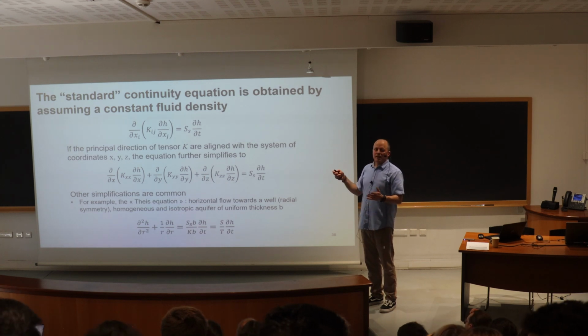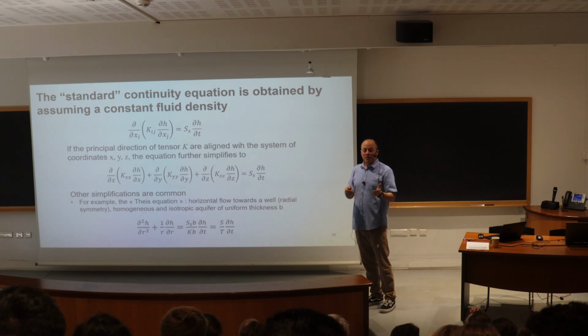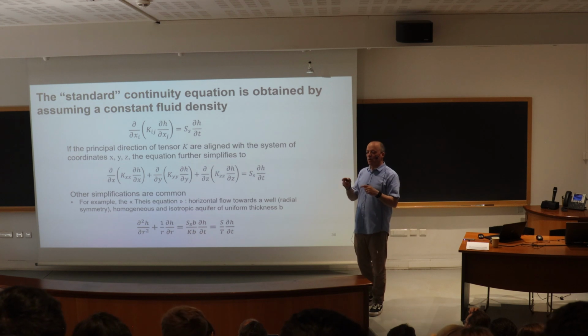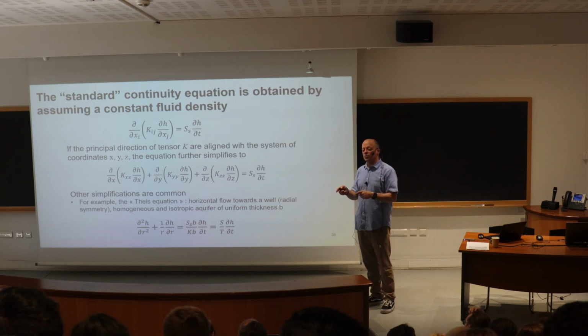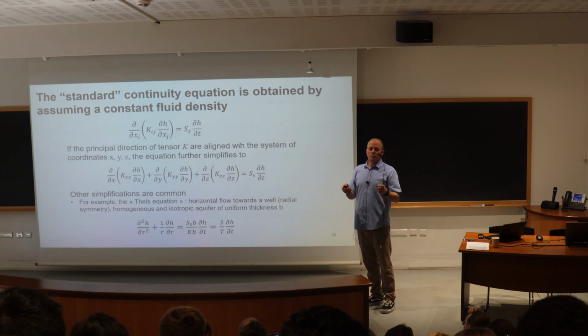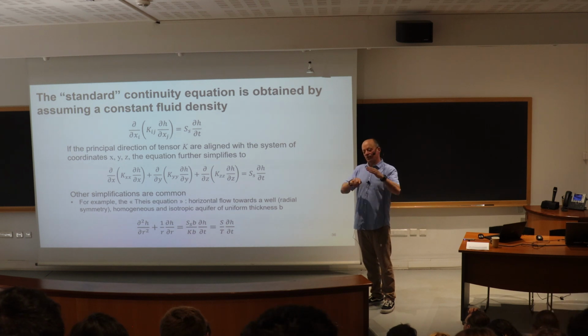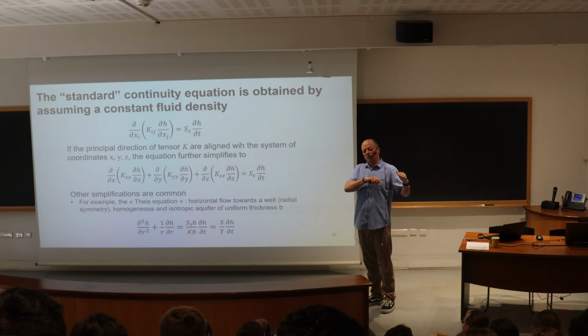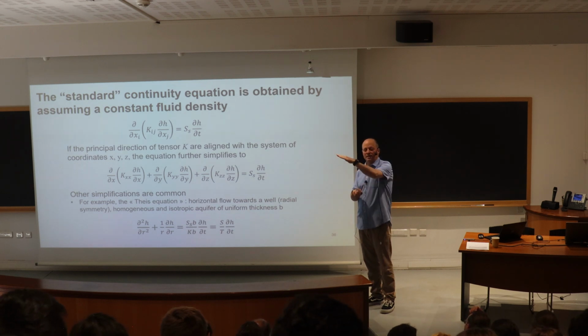We can simplify if the system of coordinates x, y, and z are aligned with the principal directions of hydraulic conductivity. And in practice, that's what most people do. Unless you have, well, you can still kind of play with that if you have a sedimentary basin and the layers are at some inclination.